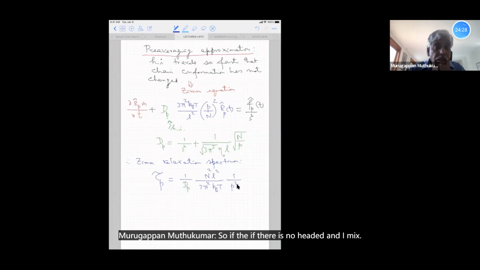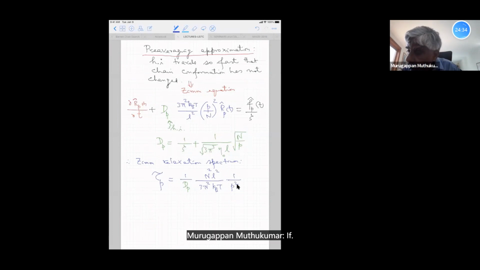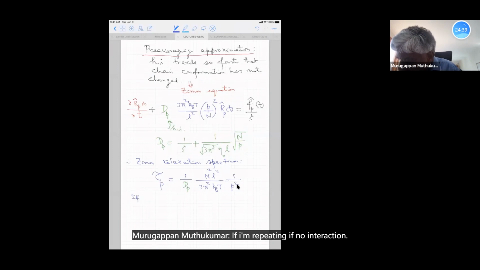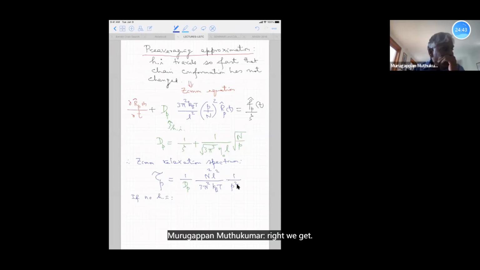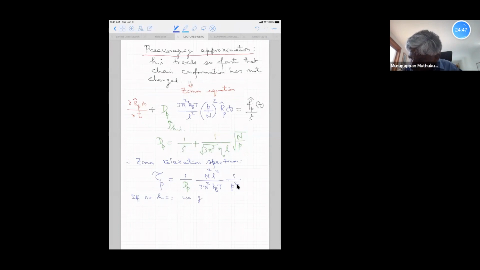So, I'm repeating, if no hydrodynamic interaction, we get back the Rouse spectrum.